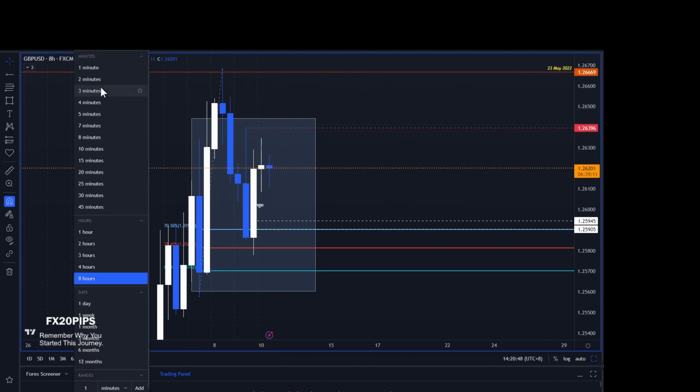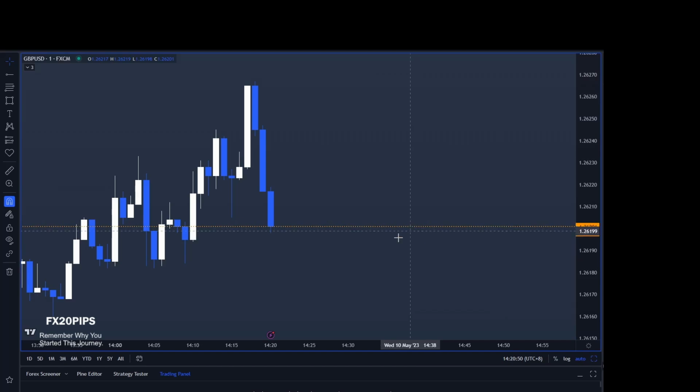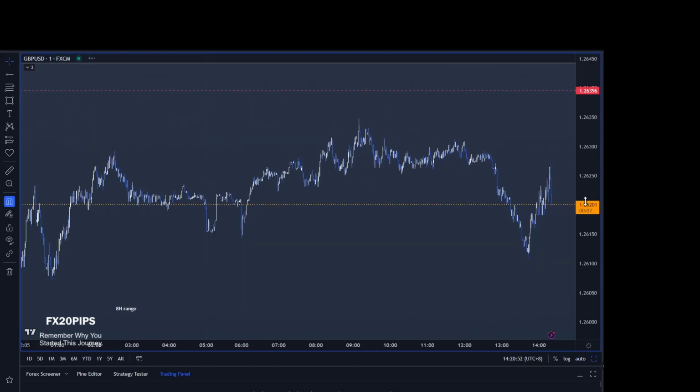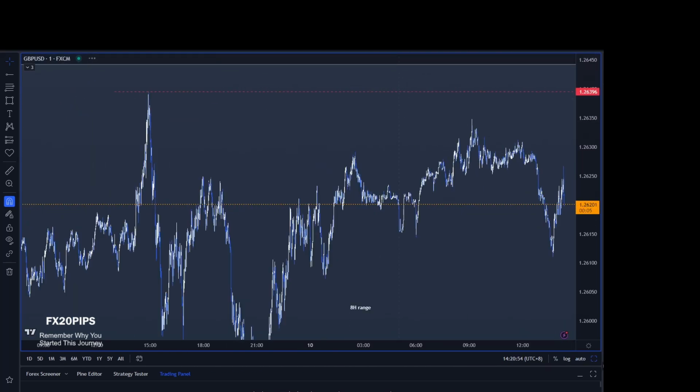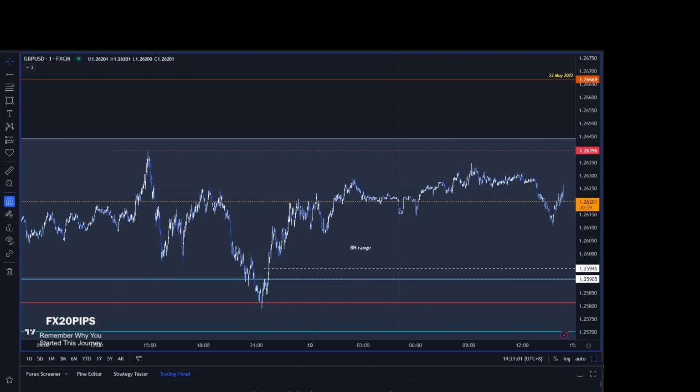Say while you're at the 1 minute, if you're monitoring and you have bought price here, if price wants to go high up, it has to break this level, isn't it? Which is the high of the previous 8 hours candle.